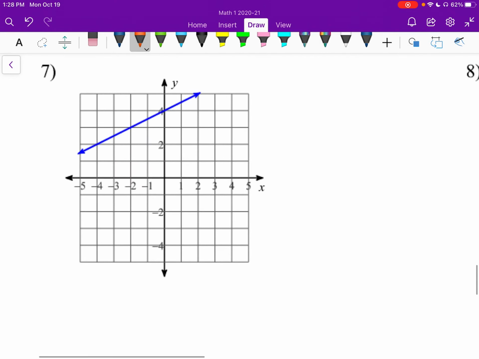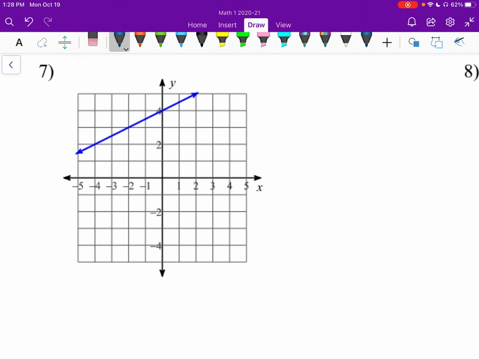Number 7. Again, I want to highlight or put little dots on my y-intercept. Well, that's at 4, so let me just put b equals 4. And we need another dot. Here we are. Now, to me, that would be the dot to choose. If you wanted to, you could choose this dot. And just for the sake of showing you guys, I am going to choose that second dot, and I'll show you what ends up happening. So I'm going to count up 2.